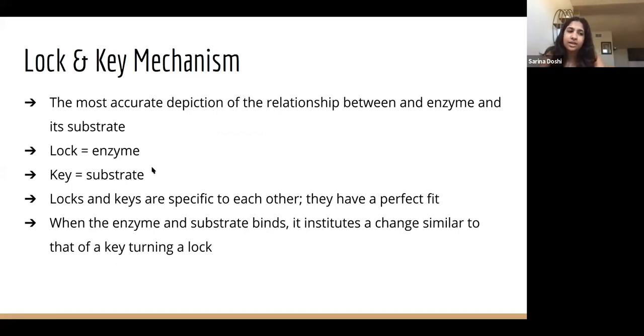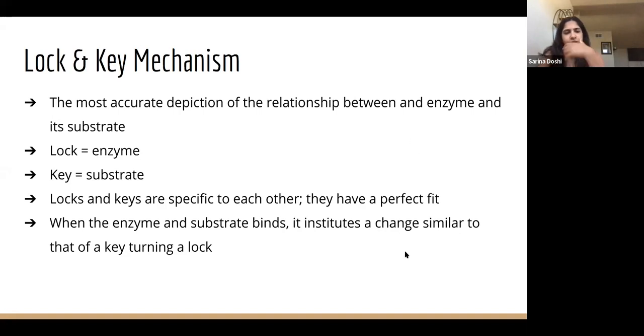And when you put the key in, it changes the structure of the lock so that you can unlock it, right? So enzymes and substrates can do the same thing. Sometimes it'll be the enzyme that changes the substrate. That's the most likely and frequent scenario. But other times we can also have the substrate changing the structure of the enzyme.